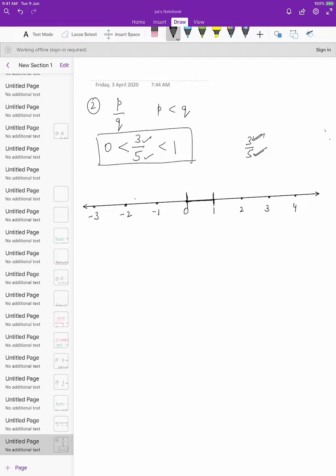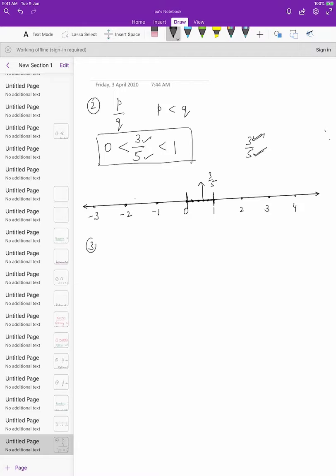So in order to divide this into 5 parts, I will mark 4 dots at equal distance. Now these are the 5 parts, 1, 2, 3, 4, 5. I have to choose 3 out of them: 1, 2 and this is 3. I can say this point represents 3 by 5 on the number line.